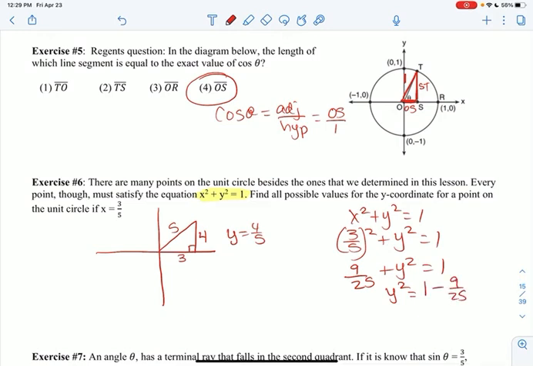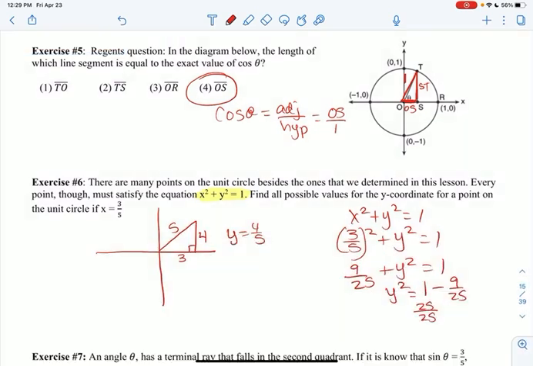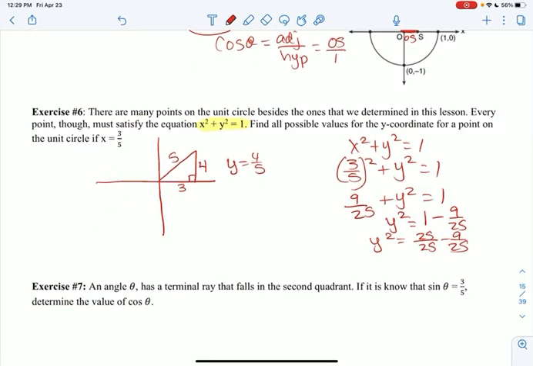Well, in order to subtract, I need the same denominator. So I'm going to write 1 as 25 over 25. And 25 over 25 minus 9 over 25 is 16 over 25. So if y squared equals 16 over 25, then y equals 4/5, just like we had before.